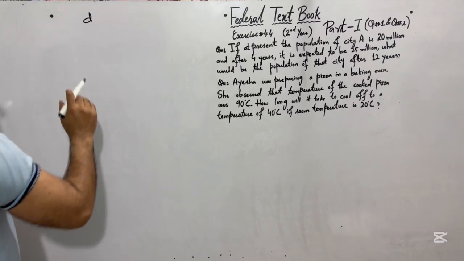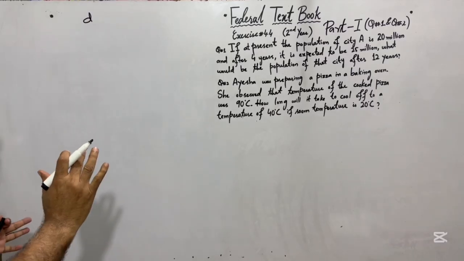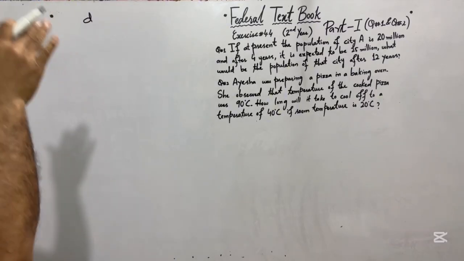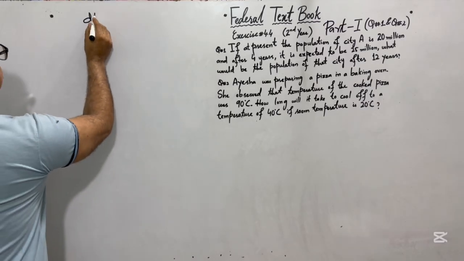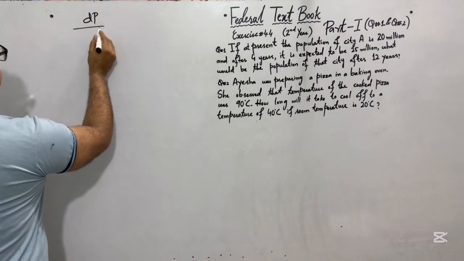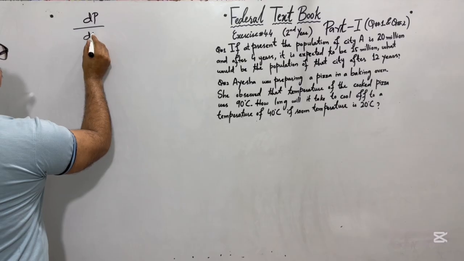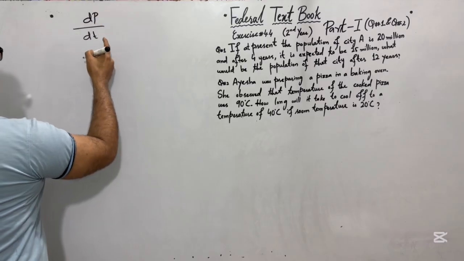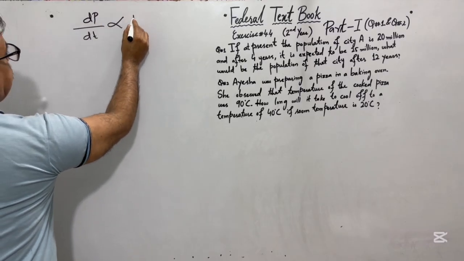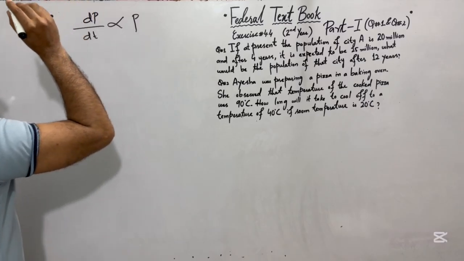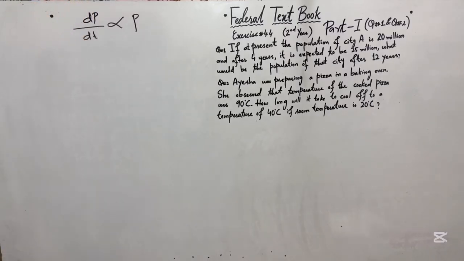Increase or decrease, both are dubbed in a single concept of differentiation. P for population, rate of change of population, increase or decrease, is directly proportional to the population present. Step number one, make or break.